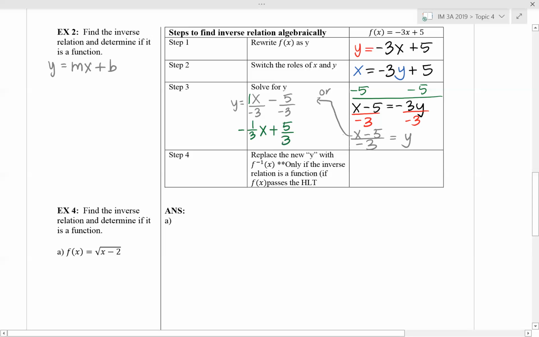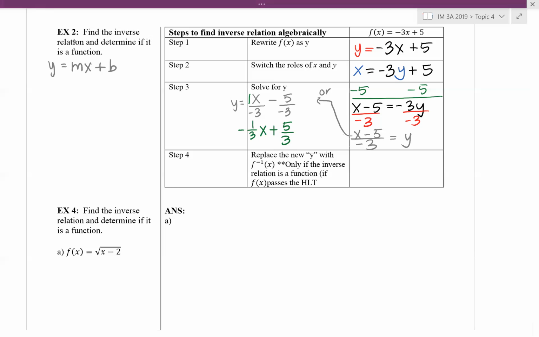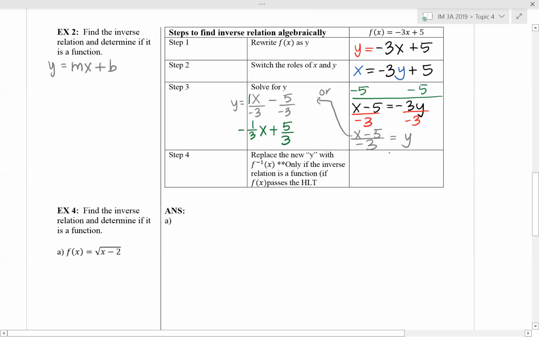So that is equivalent to negative 1/3 x plus 5/3. When I write this, I'm going to write both of them just so that I have that reminder that if this is a multiple choice question, I could have two correct answers. So it's either x minus 5 over negative 3 or negative 1/3 x plus 5/3 as my equation.